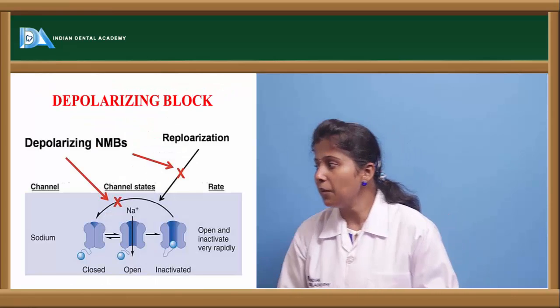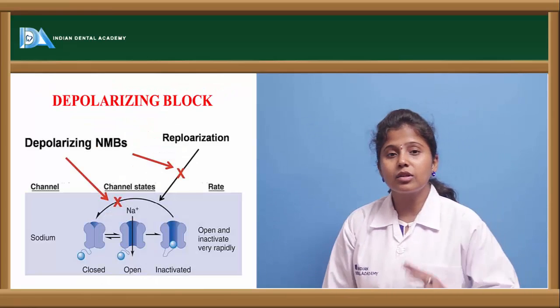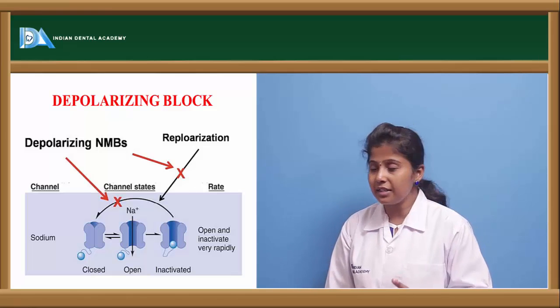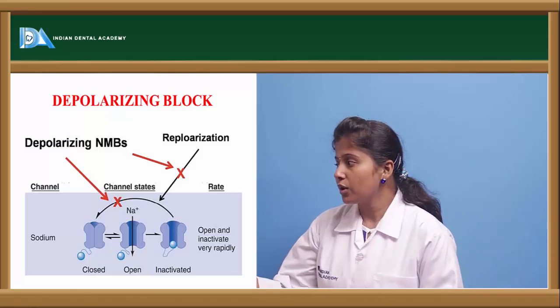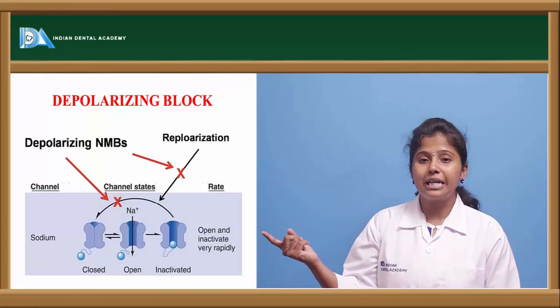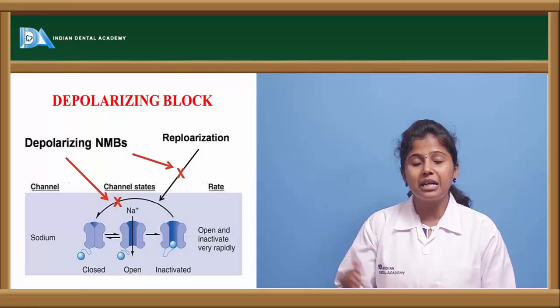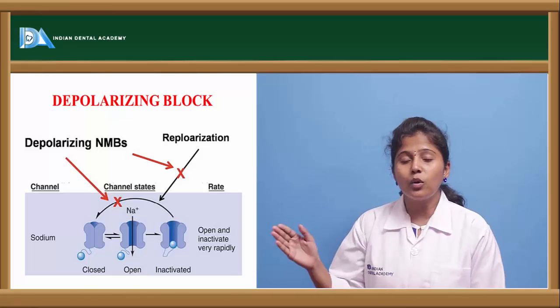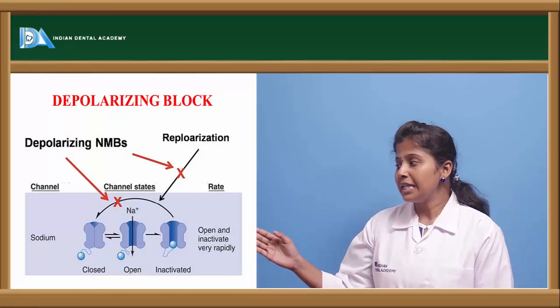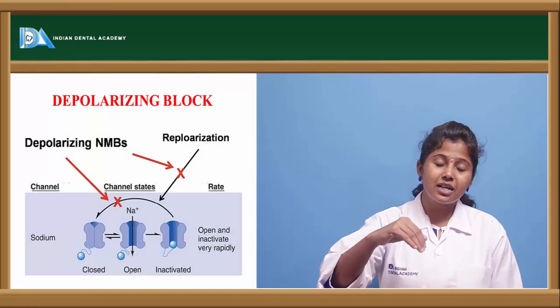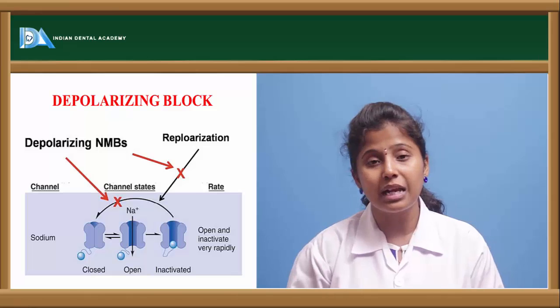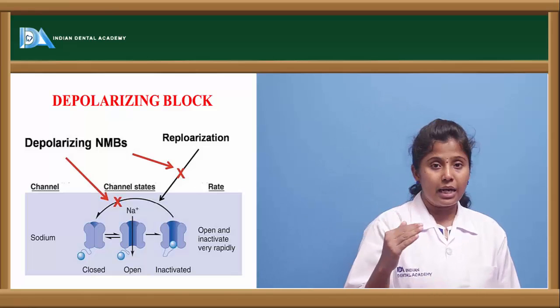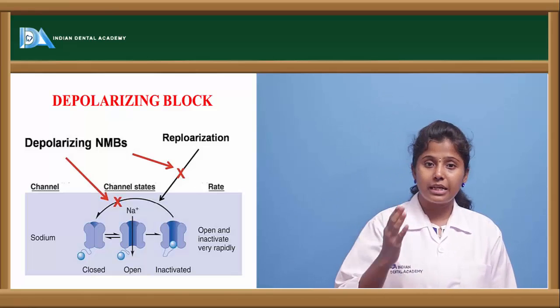And if we see the depolarizing block, here we saw the sodium channel occurs in three different states: closed state, open state and inactivated state. The sodium entry will occur into the cell only when it is in the open state. In the inactive state, the entry will not occur, but the exit is not allowed either. So neither the entry nor the exit is allowed.